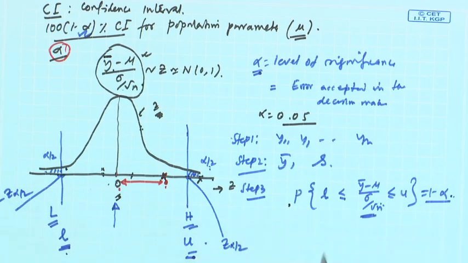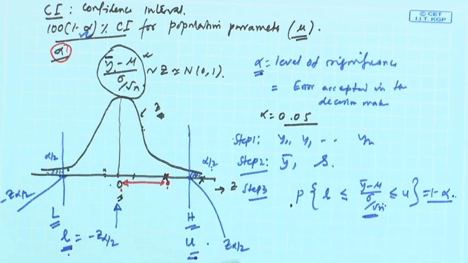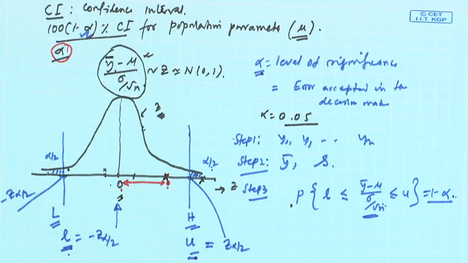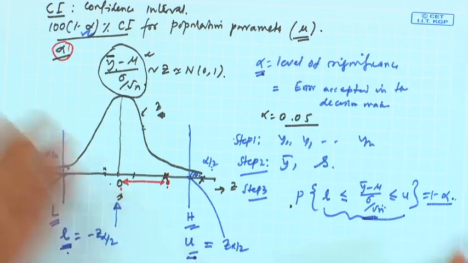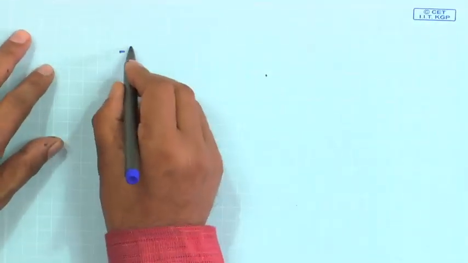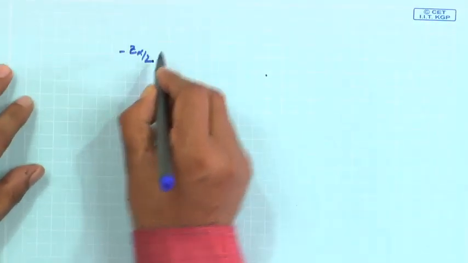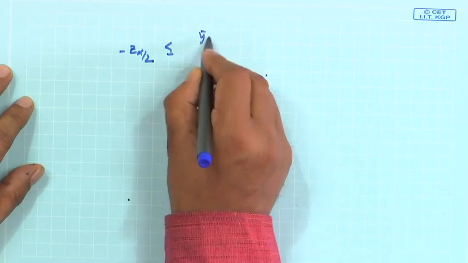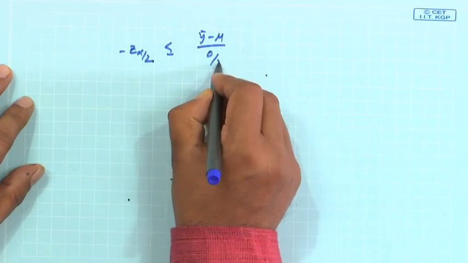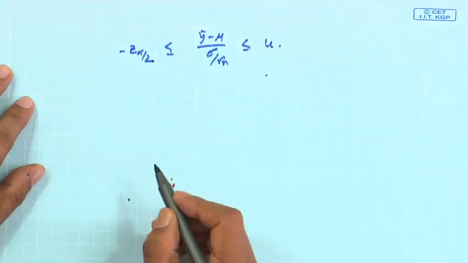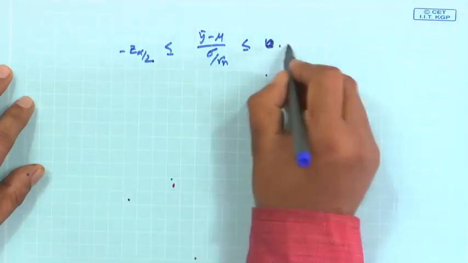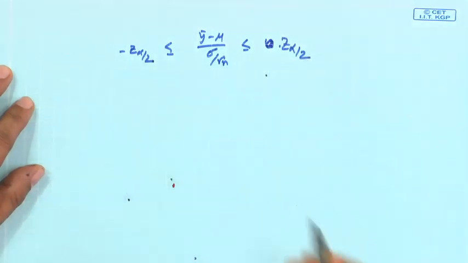So you are looking for the interval where L is minus z alpha by 2 and U is plus z alpha by 2. So you write: minus z alpha by 2 less than or equal to (y bar minus mu) by sigma by root n, less than or equal to U. What is U? U is z alpha by 2.